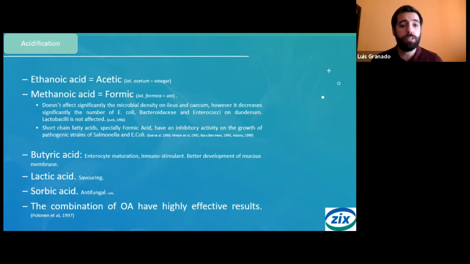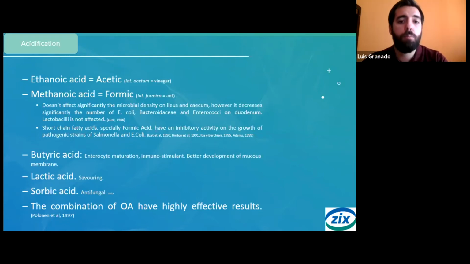But we know that it does reduce significantly E. coli, some pathogenic bacteria and Enterococcus without affecting the lactobacillus population. This is quite important, and these studies prove that it has got a prebiotic effect in favor of the lactobacillus or bifidobacterium against some pathogenic bacteria, all right?